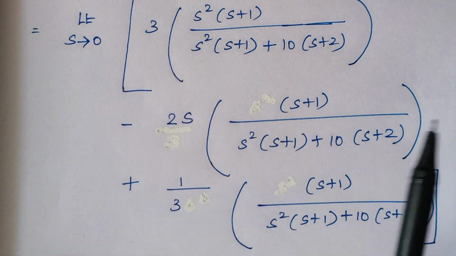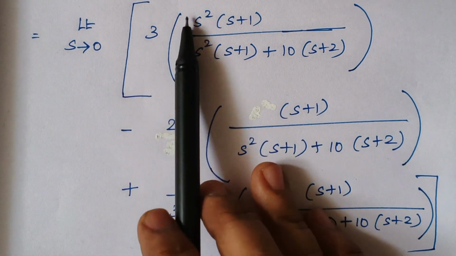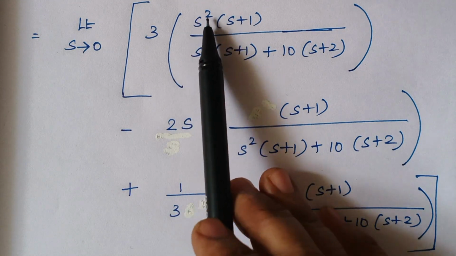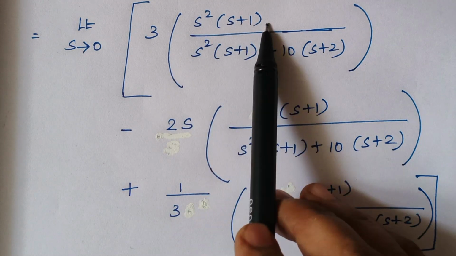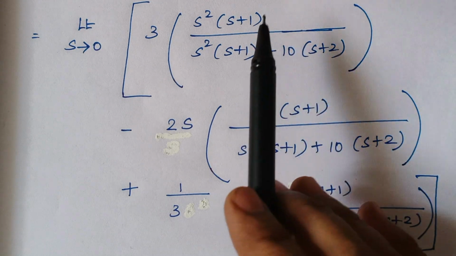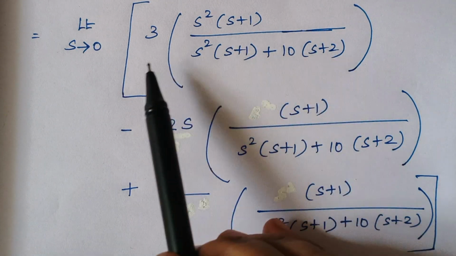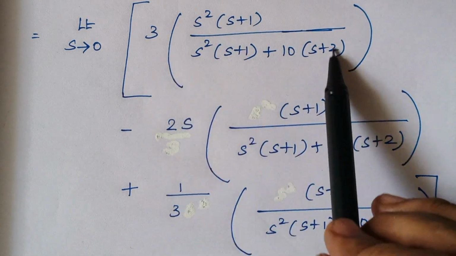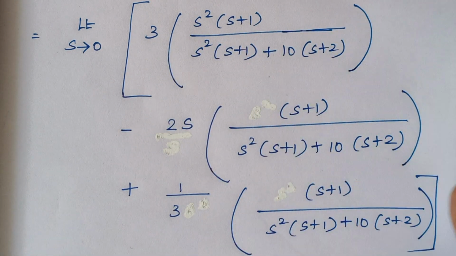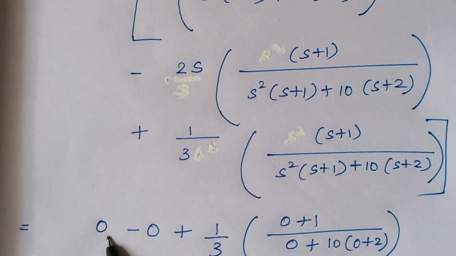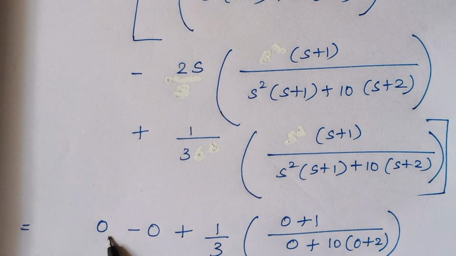When you substitute s equal to 0, this term is 0. 0 multiplied by any term is 0, and 0 divided by any term is 0. So the first expression entirely reduces to 0.